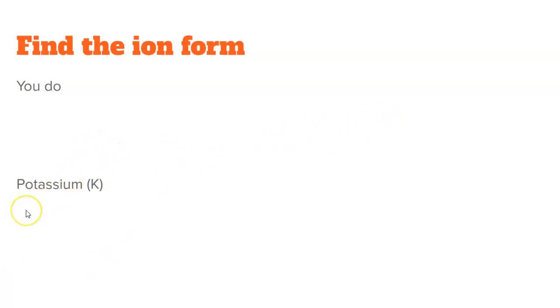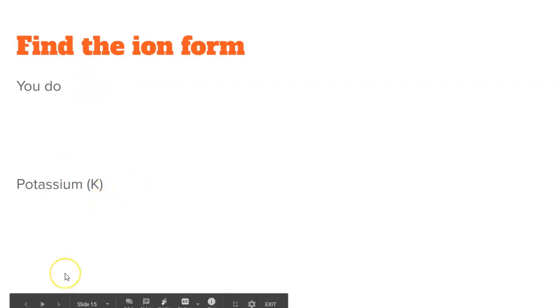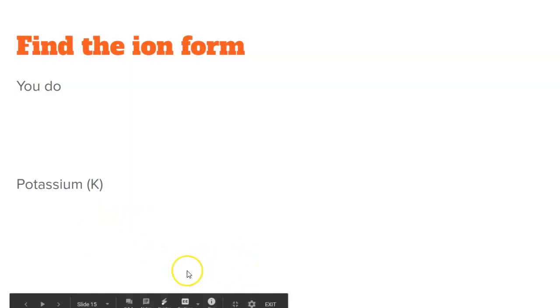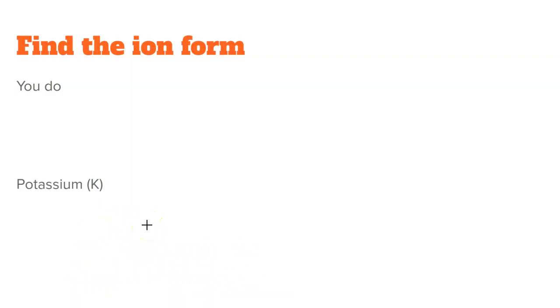Okay, now it's your turn. Go ahead and find out the correct form of the potassium ion. Okay, so what is the ion form for potassium? Okay, hopefully you got it right. So this is the correct form for potassium. I have to write it down. This is the correct form for potassium.